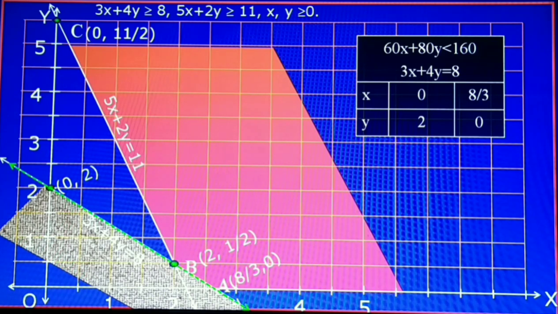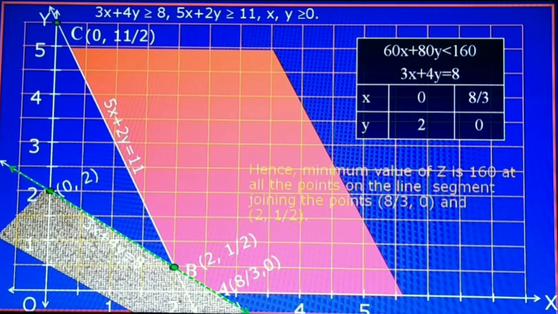Now we have to check whether points of this half plane are common with the feasible region. From the figure, no points of half plane 60x plus 80y is less than 160 and feasible region are common.